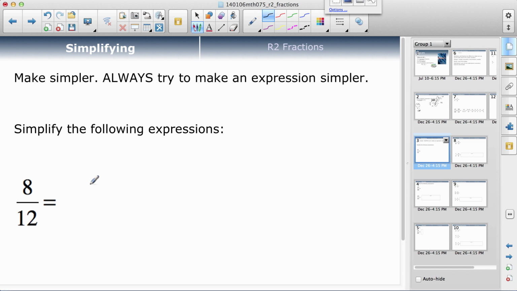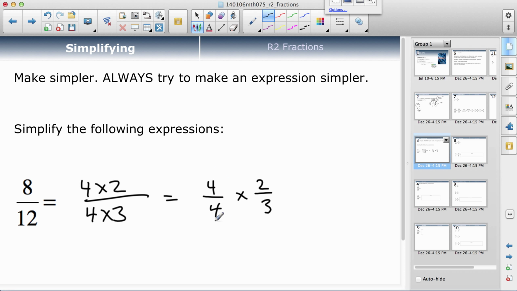So 8, I could rewrite the same thing as 4 times 2. 12, I can write the same thing as 4 times 3. Those are exactly what I have over here. 2 times 4 is 8, 3 times 4 is 12. But if I have 4 and 4, here's a fraction, I could rewrite this fraction as 4 over 4 times 2 over 3.